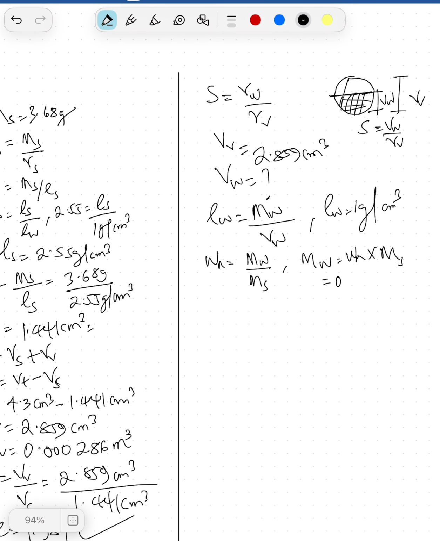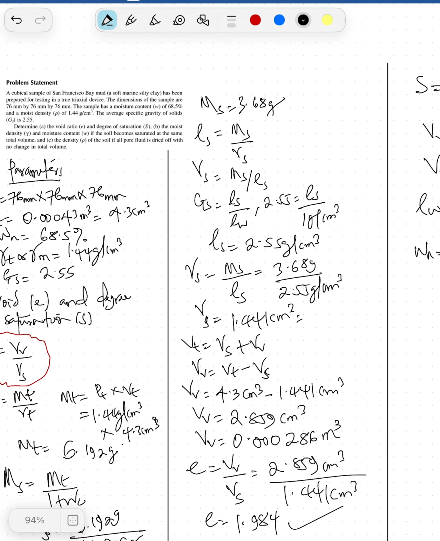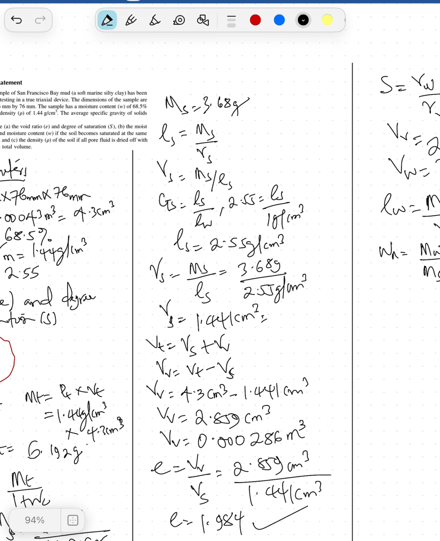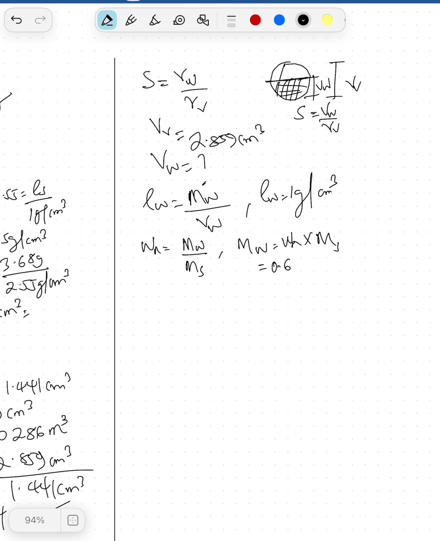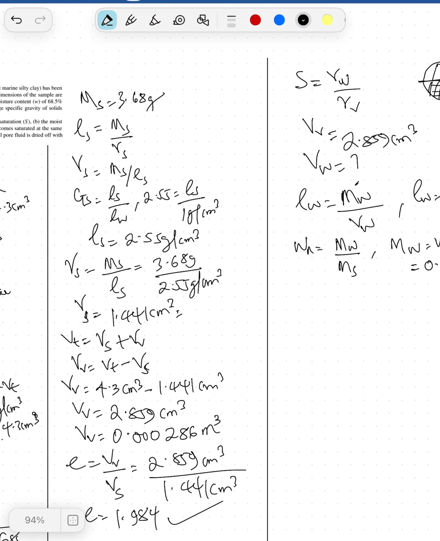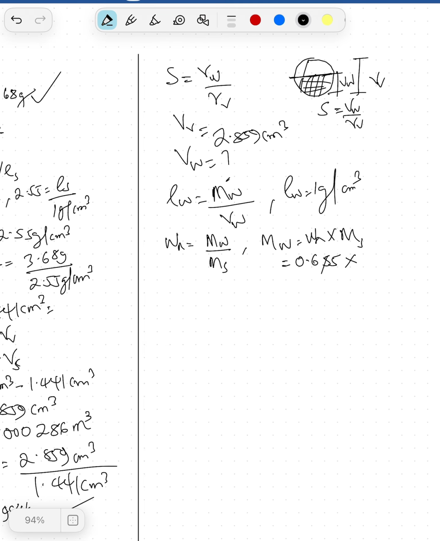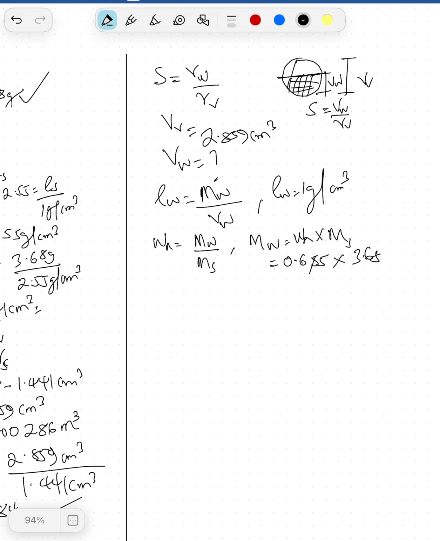We know water content to be 0.685 from before, times mass of solid, which we already have as 3.68 grams.